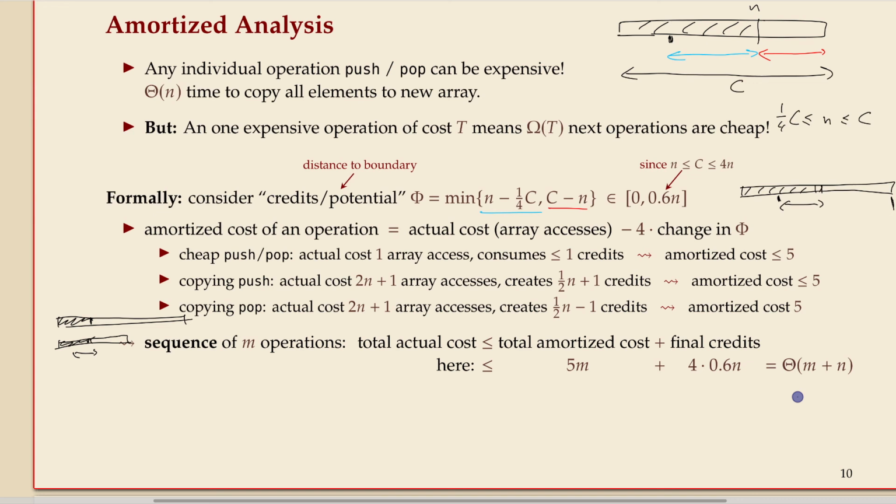If we do a sequence of m operations, the total cost will be at most some constant times m, the number of operations, plus the size of the array at the end. But really that's not more than the number of operations if you start with an empty stack. If you start with a stack that's already big and you do some operations, clearly it has to be taken into account that this was already big. That's why this occurs.